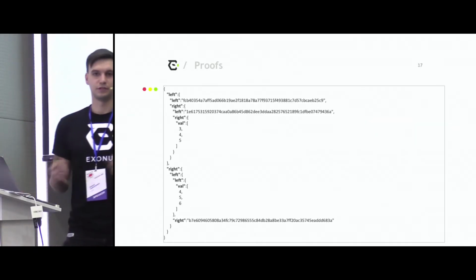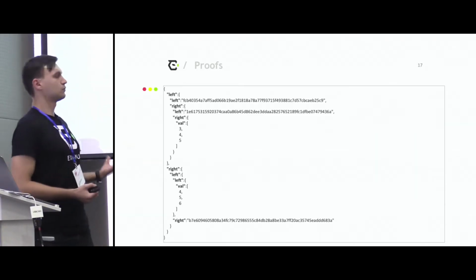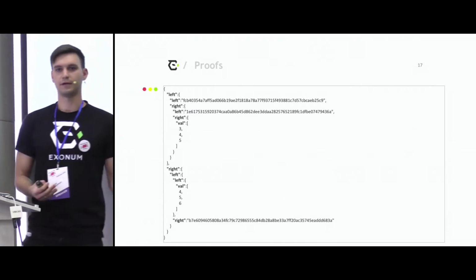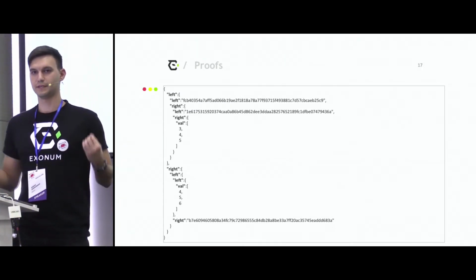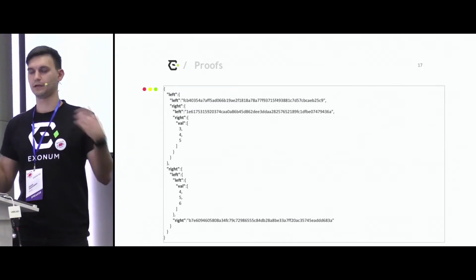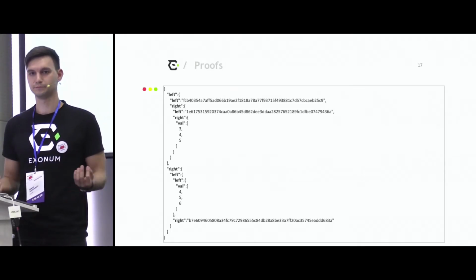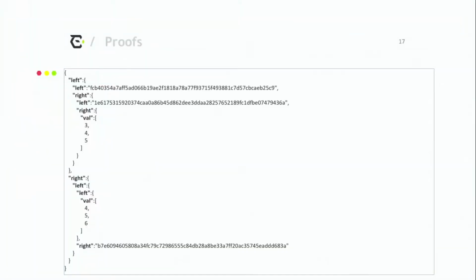We will encode it as a JSON file, and this JSON file we can send to the client, and the client on his side can calculate the state by himself and compare it with the state written in the blockchain.